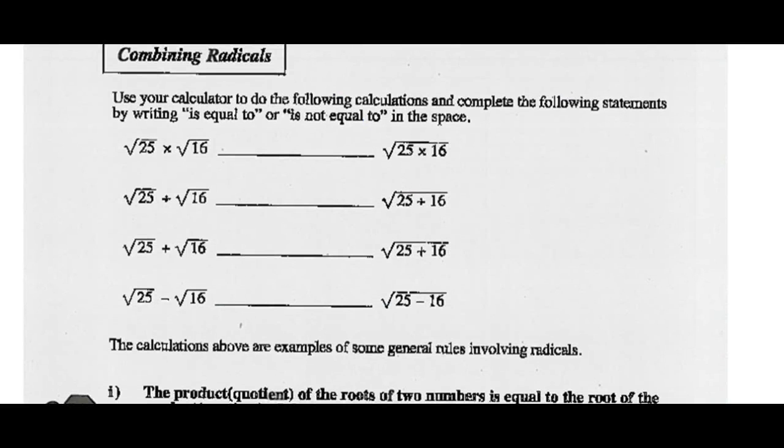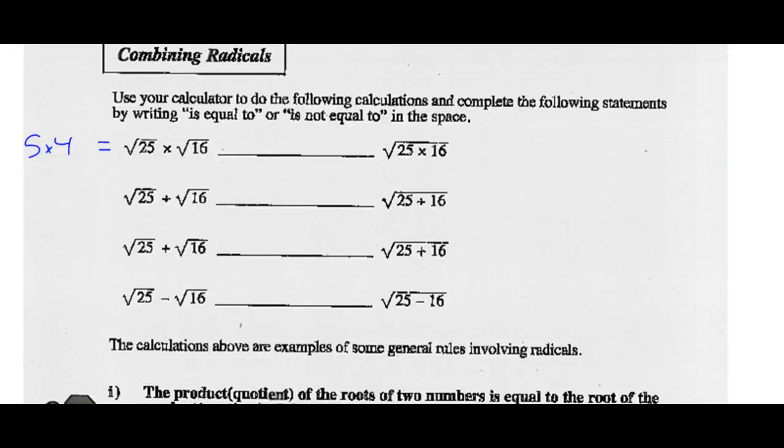Combining radicals. Use your calculator to do the following calculations and complete the following statements by writing is equal to or is not equal to in the space provided. I don't even think we need our calculators too much. We might a little bit. Let's try it. What's the square root of 25? 5. And the square root of 16 is 4. So we know 5 times 4 gives us 20.